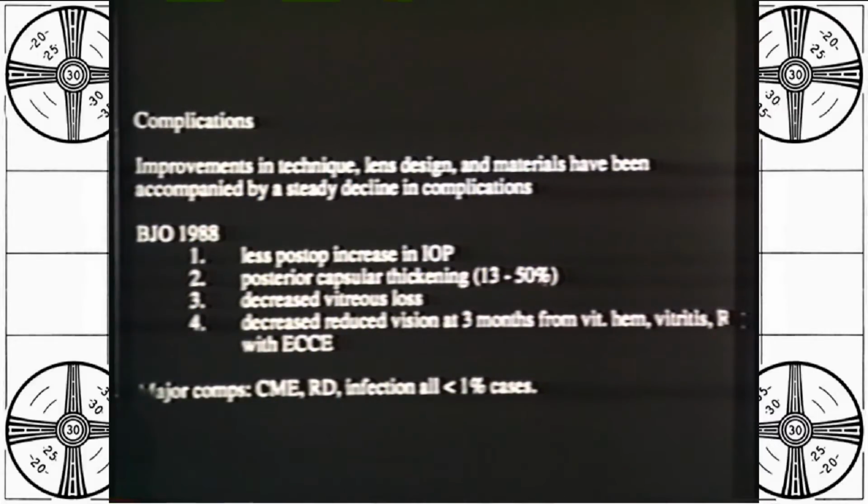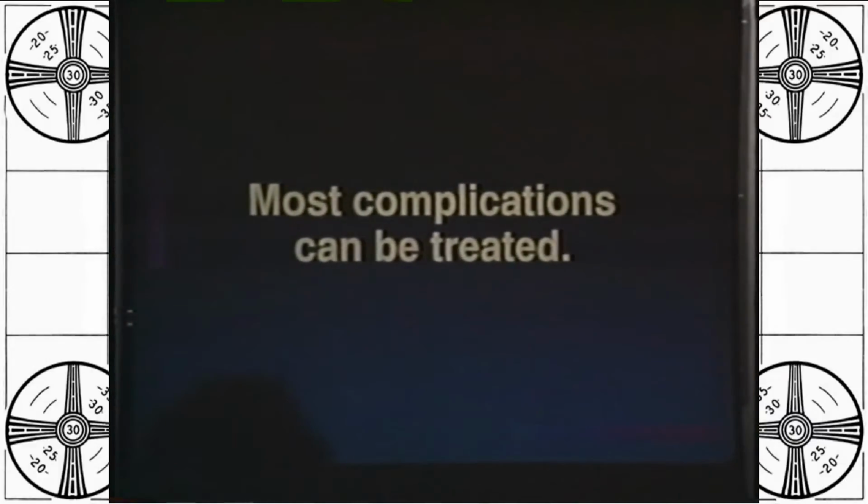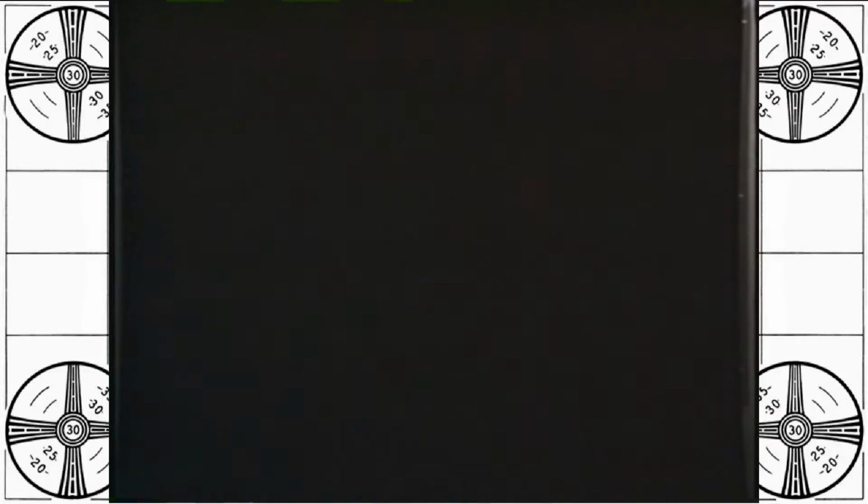We're leaving that capsule in, and 13 to 50% of the time it is becoming thick and opacified, and this is where you'll hear about laser surgery. Decreased vitreous loss, or rupturing that capsule and having the jelly from the back of the eye come to the front of the eye, and decreased reduced vision at 3 months. The major complications, macular edema, retinal detachment, and infection occur in less than 1% of cases, and most complications can be treated.